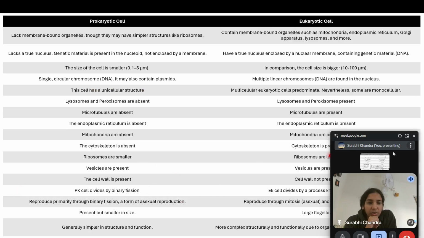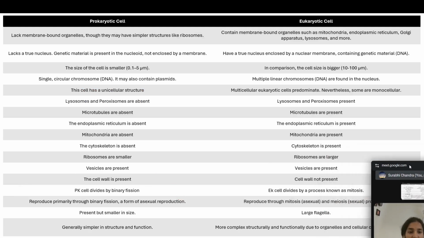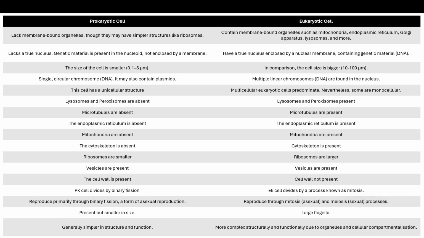So when we talk about eukaryotic and prokaryotic cells, the difference between prokaryotes and eukaryotes is that a prokaryotic cell lacks membrane-bound organelles, though they may have simpler structures like ribosomes, which are actually protein synthesis factories.